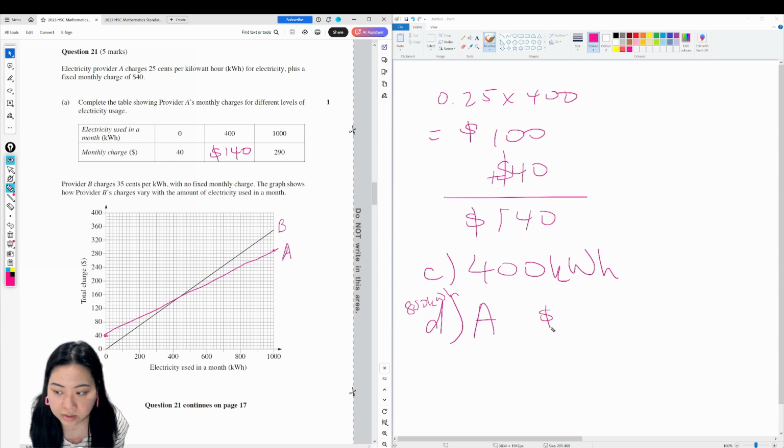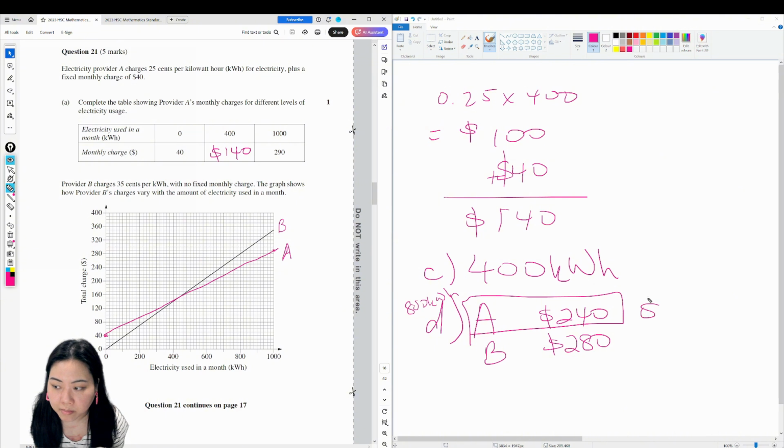Provider A is going to charge $240. Provider B is going to charge $280. Therefore, A is cheaper by $40. You should write a sentence in your paper. I'm just being lazy, but you should say provider A because it'll be cheaper by $40.